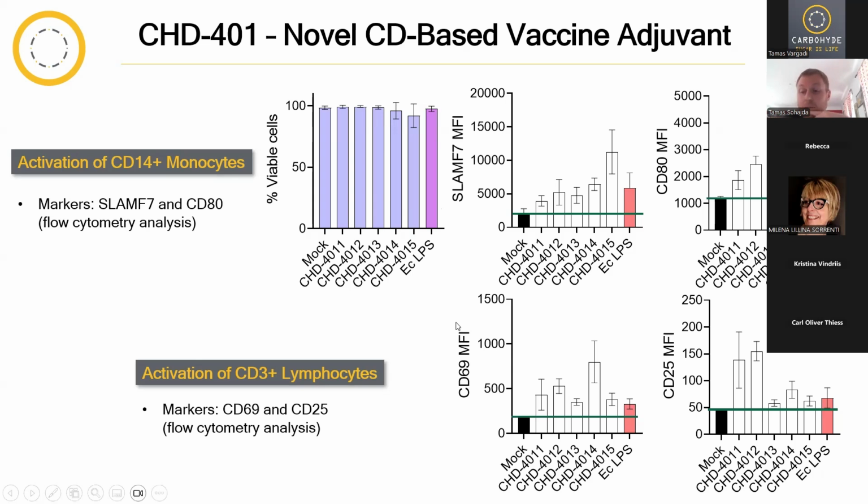So we're very positive, and we are actively working on creating a new generation of cyclodextrin that can be truly used as vaccine adjuvant. As you can see also from the different biomarkers, the response is very different depending on which type of cyclodextrin we use and what kind of immune response it triggers.